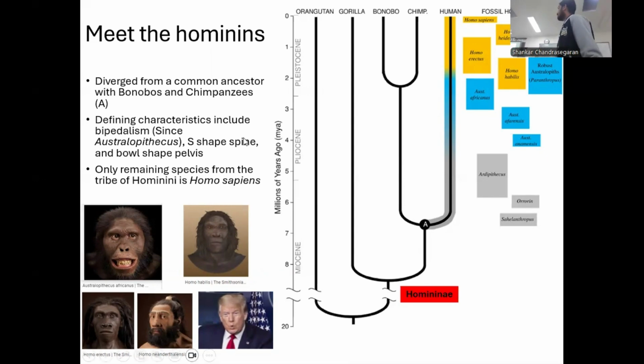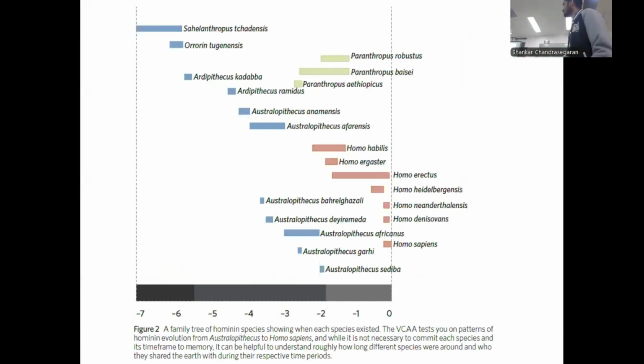Some of the defining characteristics of this tribe is that they have bipedalism. Basically, they were starting to walk with both legs and being able to walk around like that. Their spines were more S-shaped, and their pelvises were becoming more bowl-shaped as well. We're going to look at these key defining traits throughout the lesson.